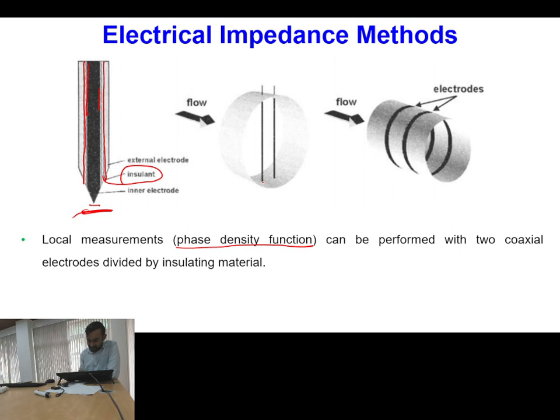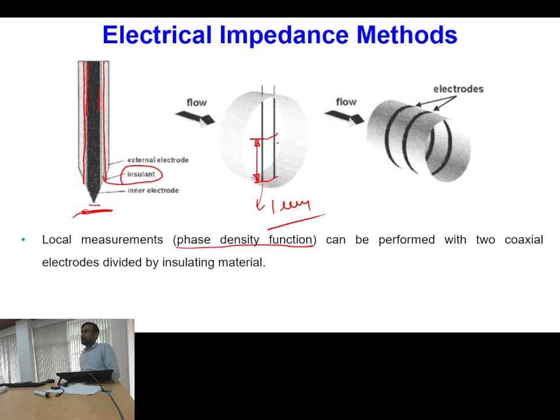These are two thin wires, and the diameter of these wires can be of the order of 1 micrometer or even smaller, because these wires are coming into the flow field, and we don't want the flow field to be changed or disturbed by their presence. When you place these two wires into the pipe cross section, the output you get is a function of the length of the wires which is filled with the conductive liquid.